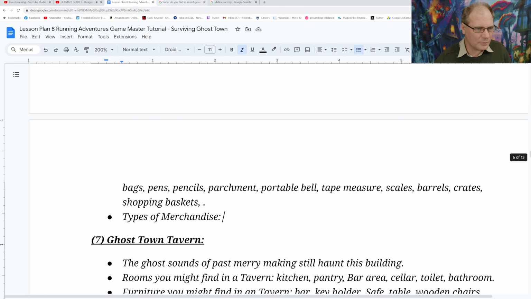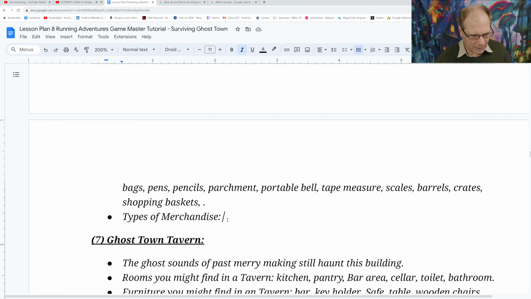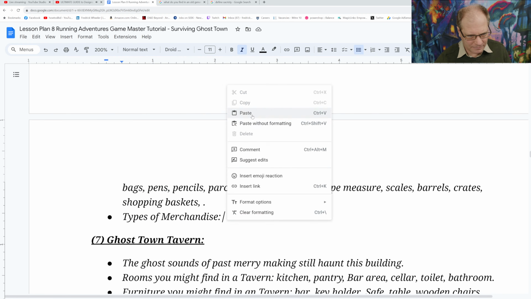Right, so let's do what do you find there? Dry goods, tobacco, sundries, patent medicines. So let's do this. Now I cut a few things out, but we'll get our merchandise very generally in.